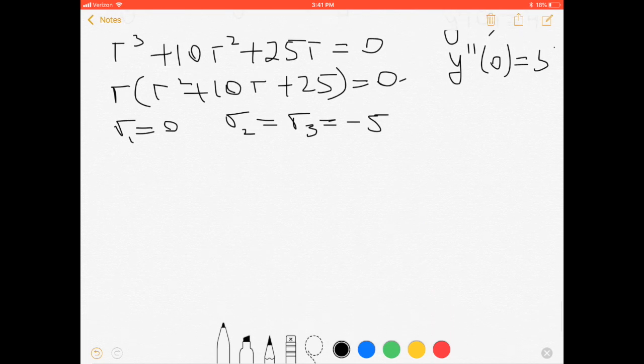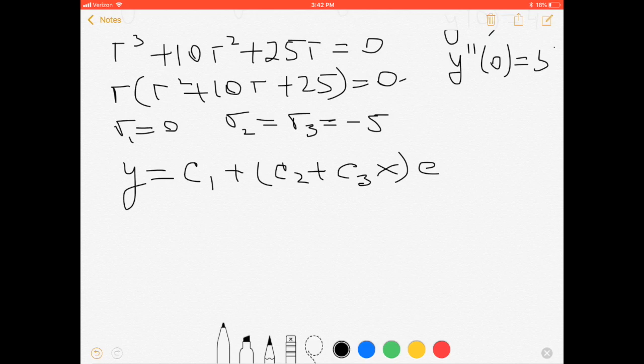I especially give you this example to show what happens if you have the same solution twice. Okay, this means your general solution: r equals 0 gives some constant, you don't know what, but it's C1. Because your second and third solutions are equal, you have C2 plus C3 times x, times e to the power of minus 5x, where the value r is the coefficient in your exponential.